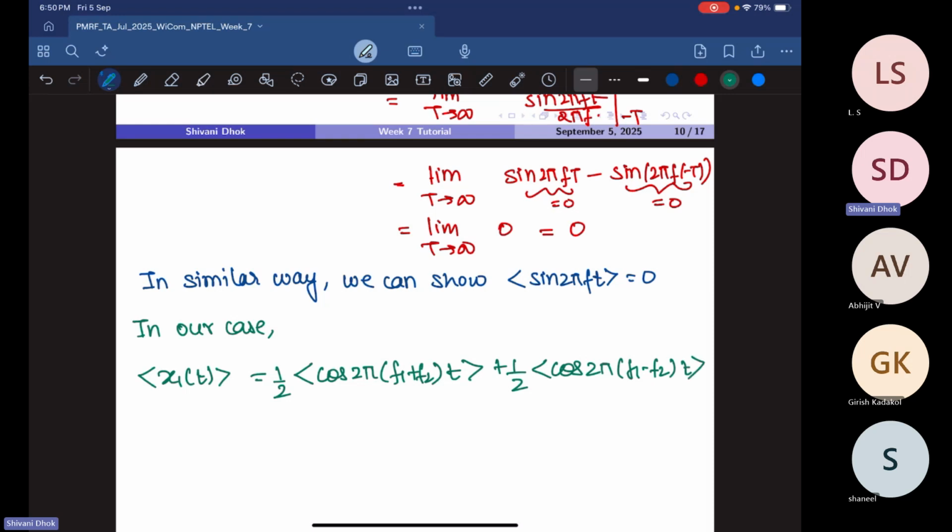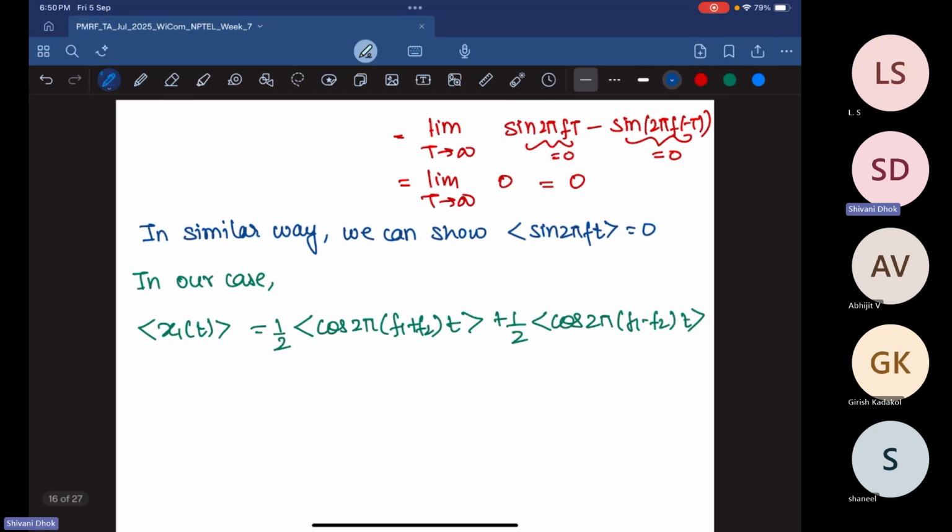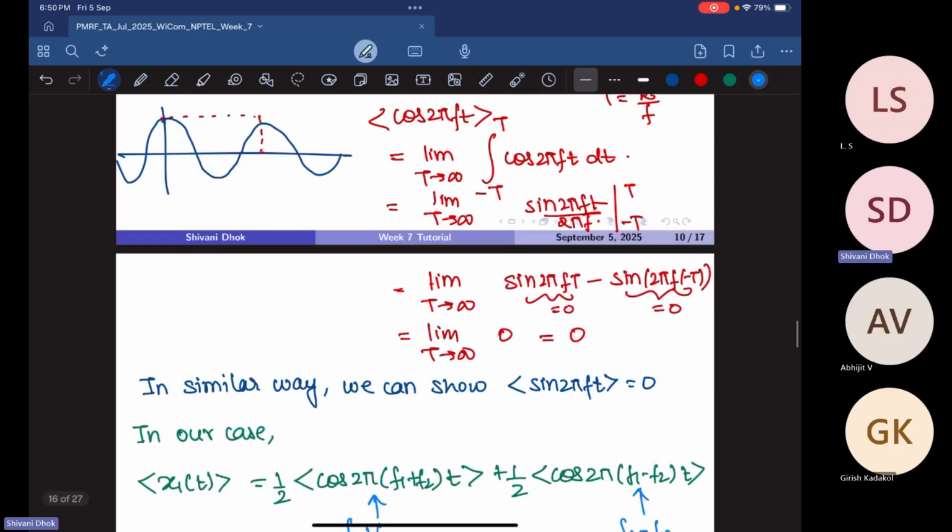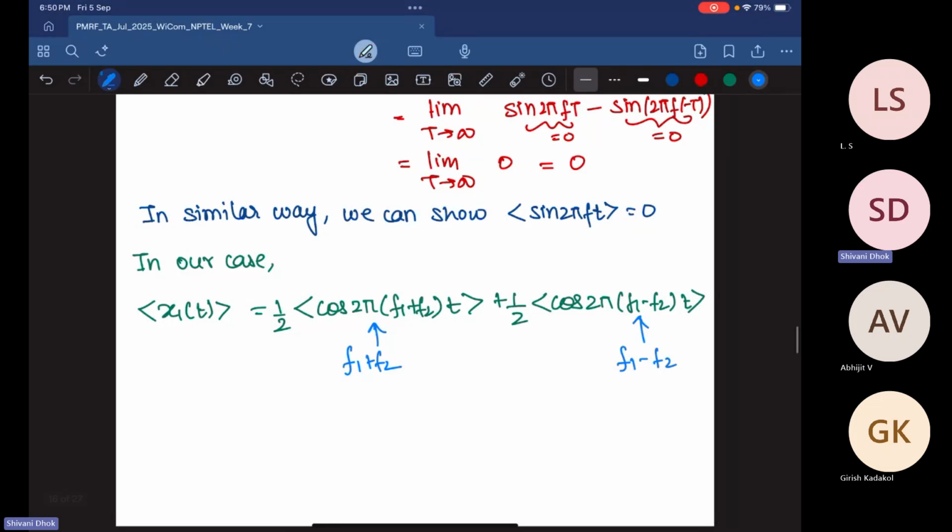Now this is a cosine function with frequency f1 plus f2, and this is a cosine with frequency f1 minus f2, and we saw that for any frequency the time average comes out to be 0. So this is half into 0 plus half into 0, therefore this comes out to be equal to 0.